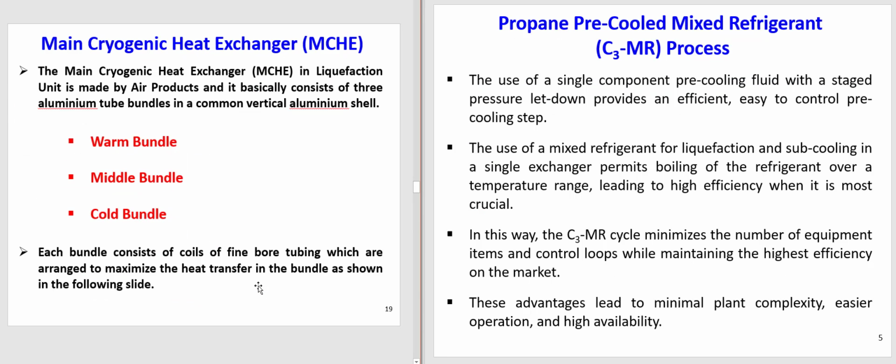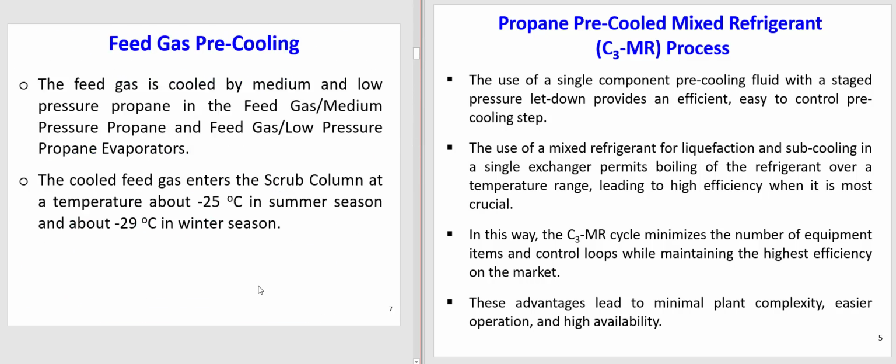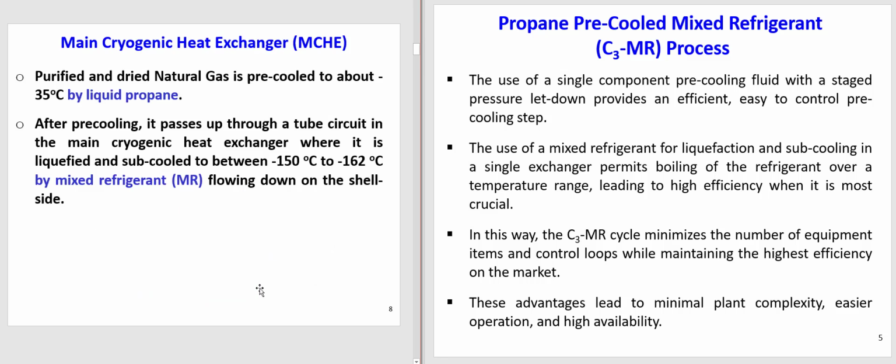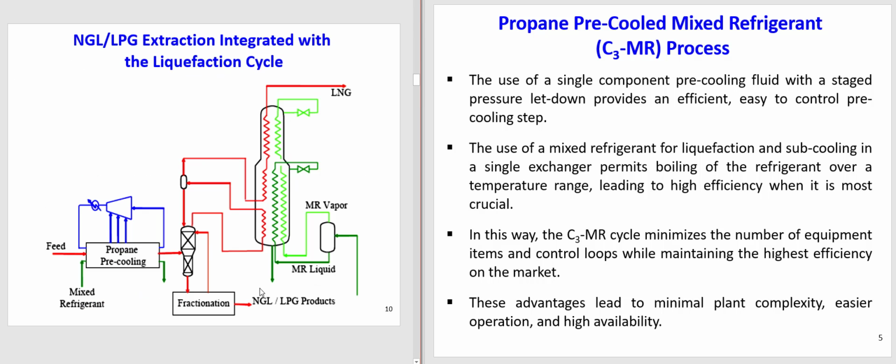So now, I prefer to open these two slides together because in this way I can explain better. Propane pre-cooled and mixed refrigeration process. You see, you have pre-cooled propane, and your feed gas coming to this pre-cooling system.